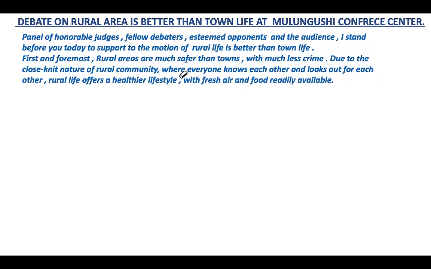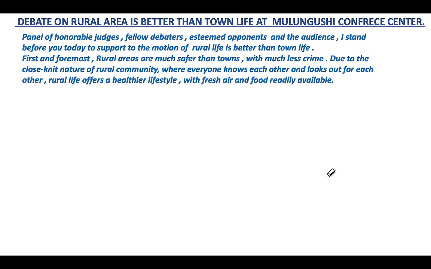So there we can state: rural life is much safer than towns with much less crime due to the close-knit nature of rural community, where everyone knows each other and looks out for each other. Rural life offers a healthier lifestyle with fresh air and food readily available. So that's how you can write the main body, taking points from the given parts.